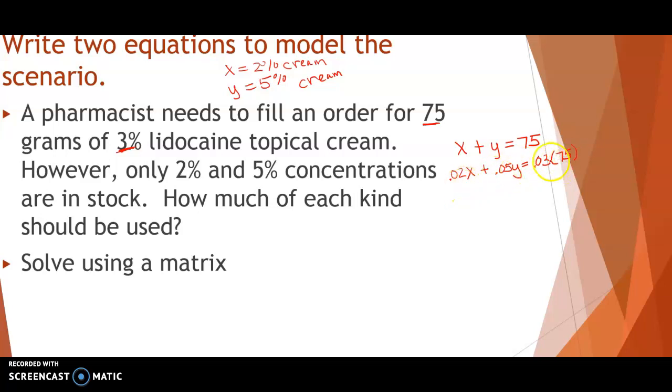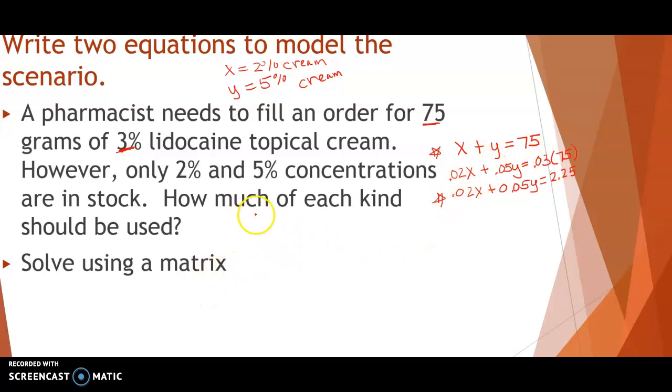So I'm going to do the math here just to make this a little bit easier to use. So 0.02x plus 0.05y is going to equal, doing that on my calculator, 2.25. So this one right here is my equation, and this is my second equation.